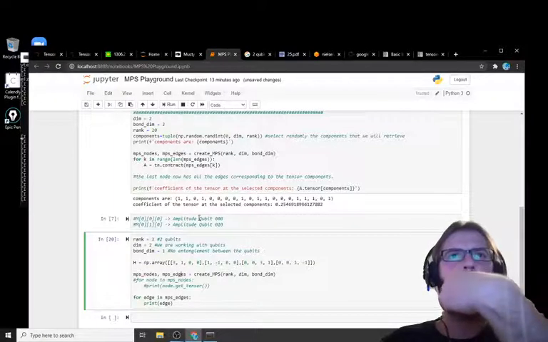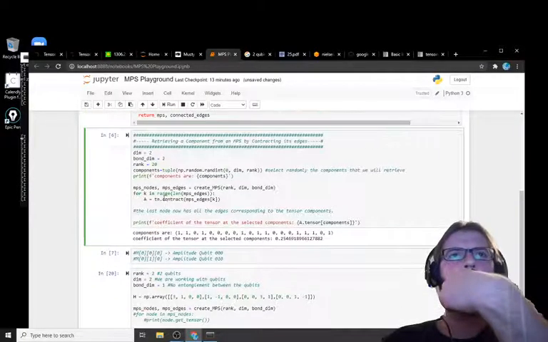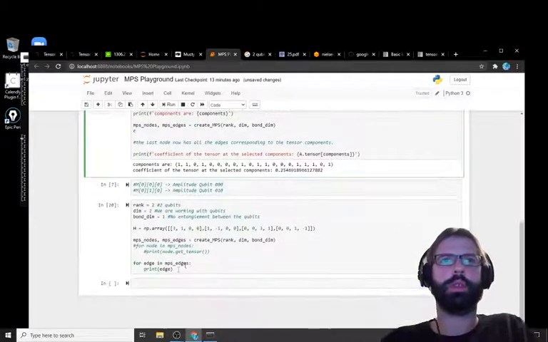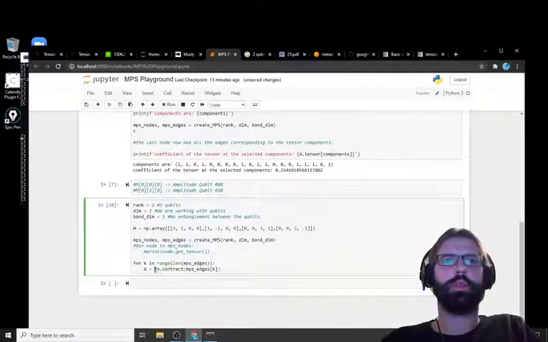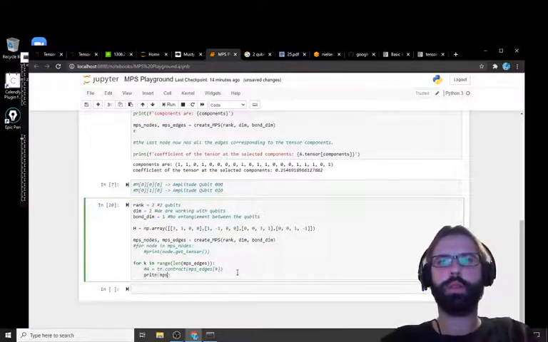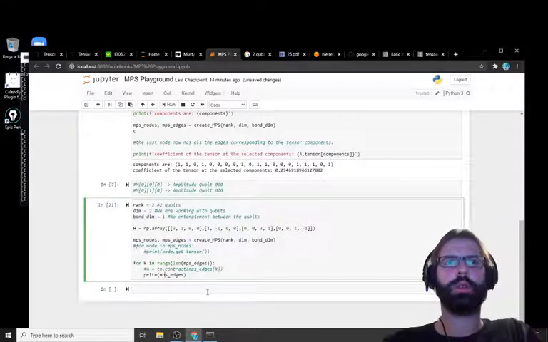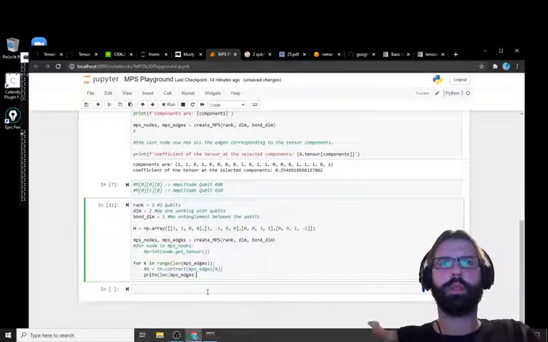Bond dimension. So you're contracting. What if I just, I don't want to do that. What I want to do is I want to actually... It doesn't print. So what's the actual length of this?